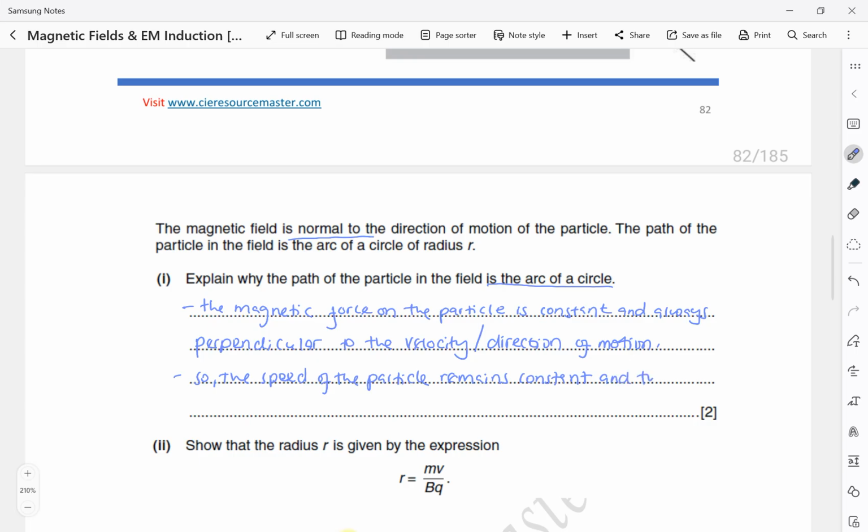And the magnetic force just provides the centripetal force.